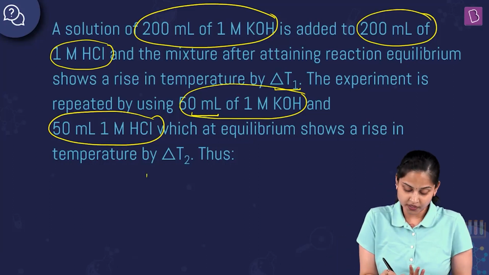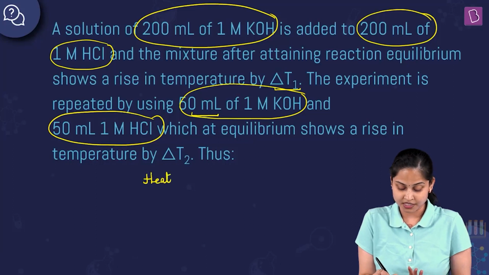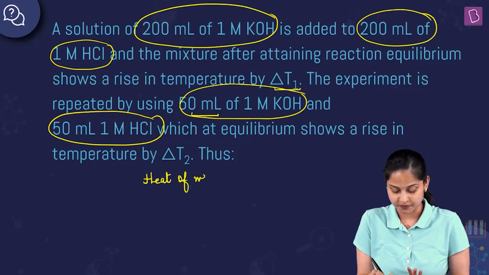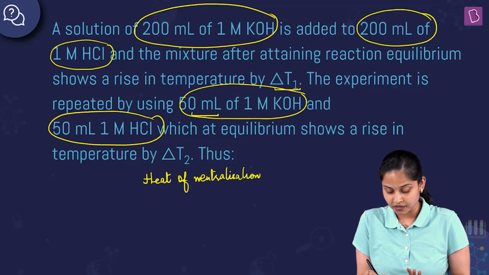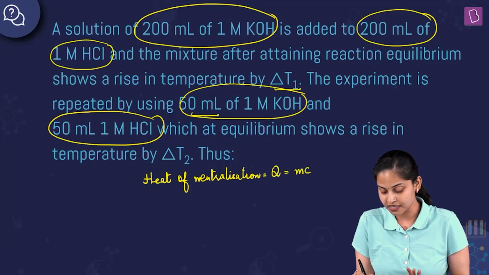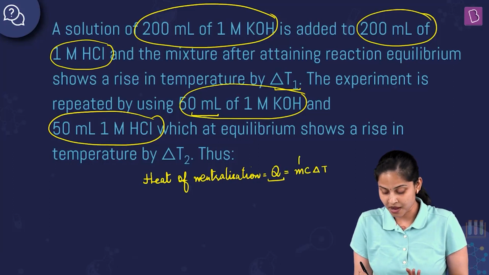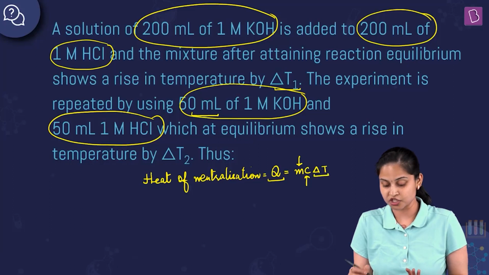Now I can mention that the heat of neutralization, which I represent by Q, is equal to mc delta T. Q is the heat, m is the mass, c is the specific heat, and delta T is the change in temperature.